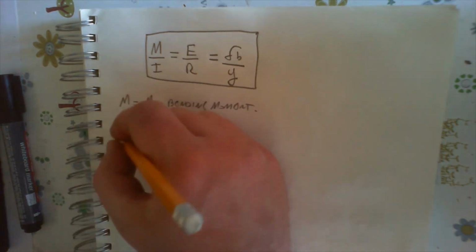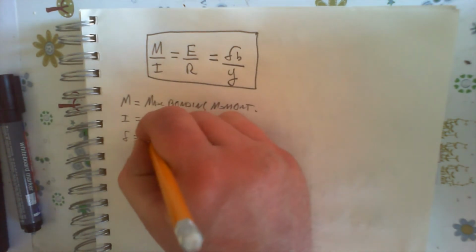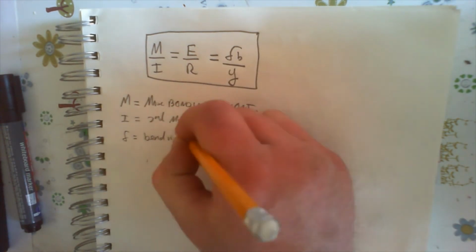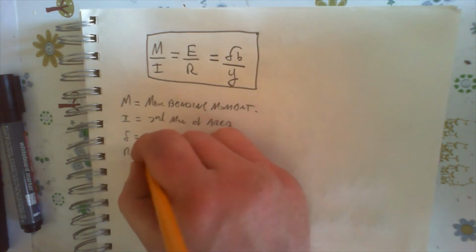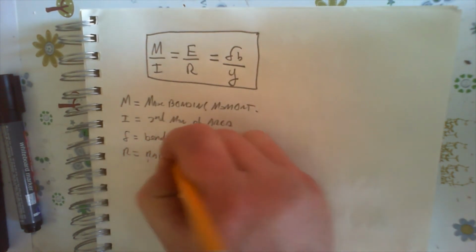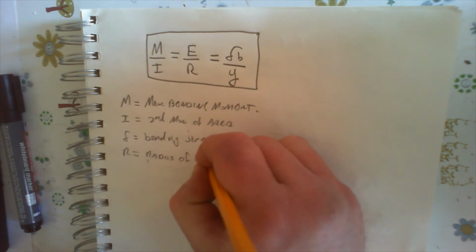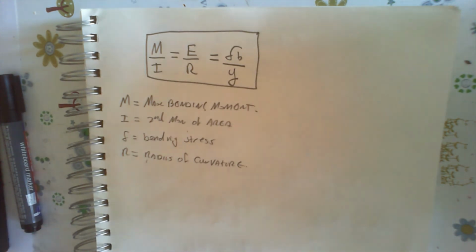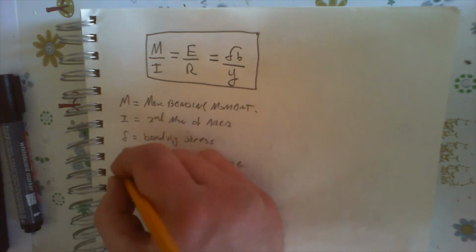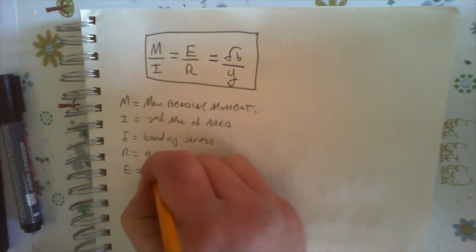This is your bending stress, R is your radius of curvature. I don't know if you can read that. This is Young's modulus.